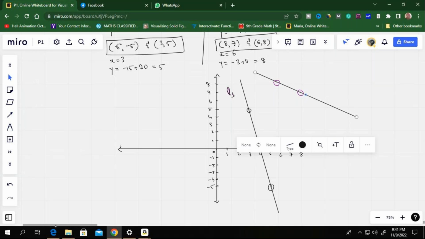This is my L2, and I'll change the color.